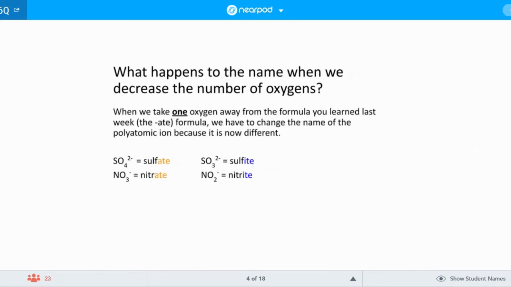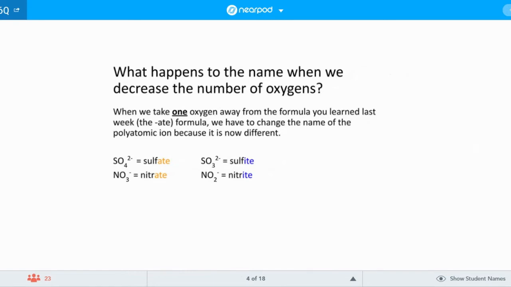So we change the ending from ATE to ITE. So SO4 2- is sulfate, SO3 2- is sulfite.